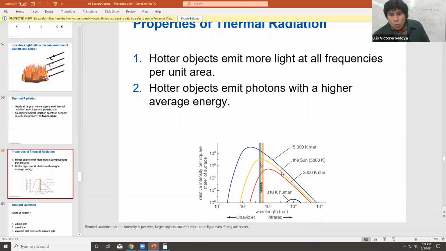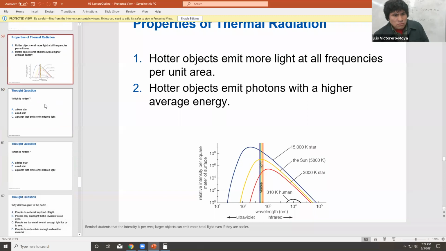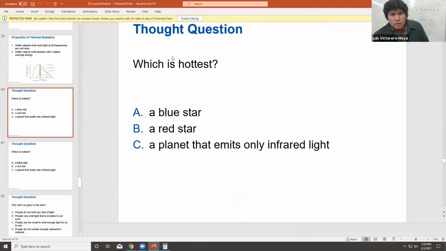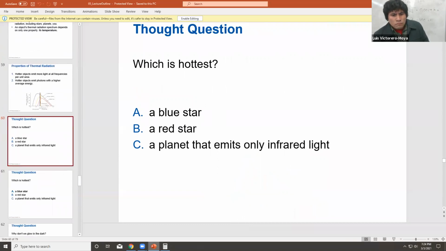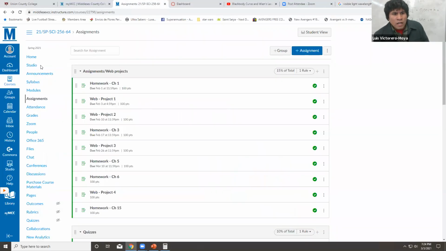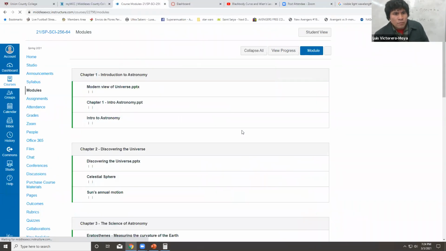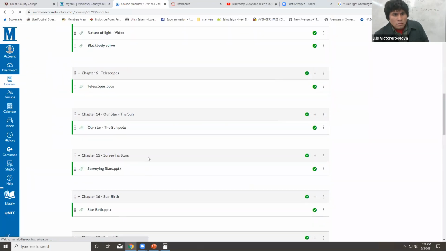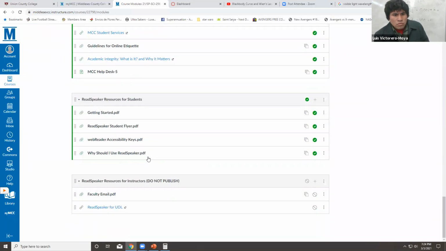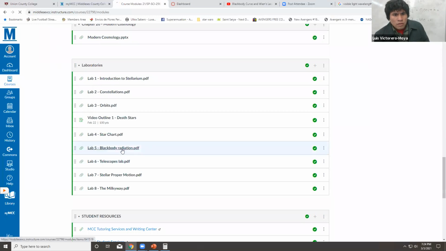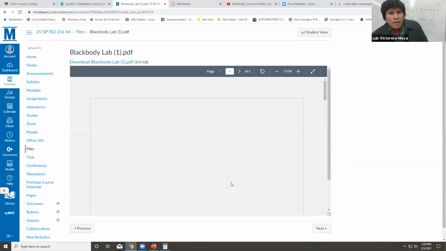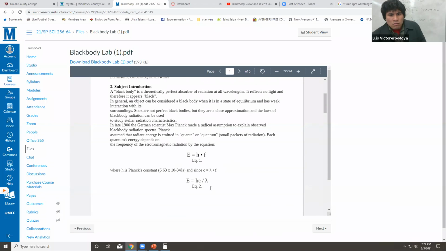So we are going to be using this on the lab. I want you guys to review this before Monday. Remember, the hottest will be a blue star, okay? If you take a look at the lab that we're going to do on Monday, we are going to be using everything that we discussed right now.